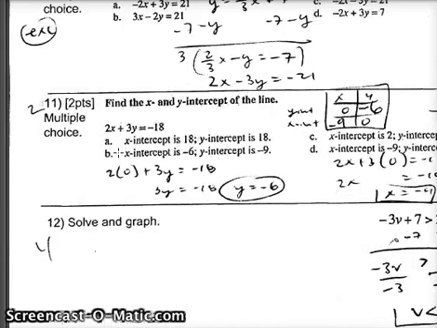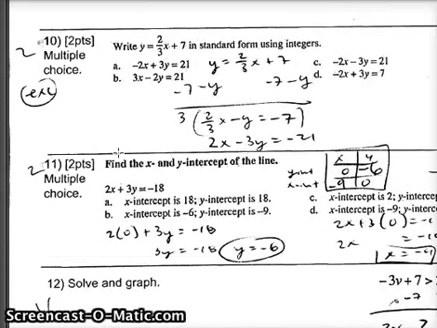Question number 10, I made extra credit. It says write 2/3 x plus 7 in standard form using integers. That basically means you need to put x and y on one side. So I will subtract 7, and I'll move this y over by subtracting y. I get 2/3 x minus y equals negative 7.